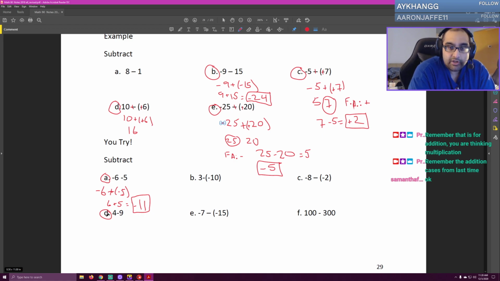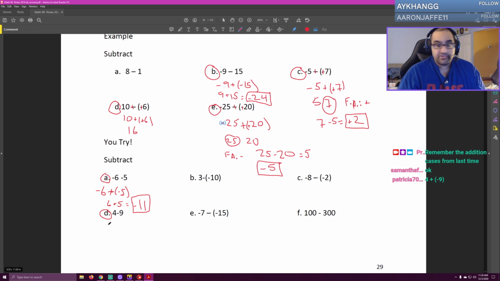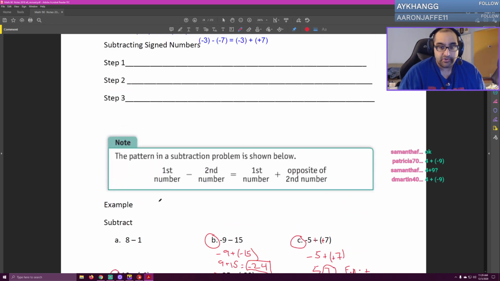First of all, 4 minus 9, how do we rewrite that in terms of addition? 4 plus negative 9, that's correct. So, all right, go back to your cases here, Samantha.